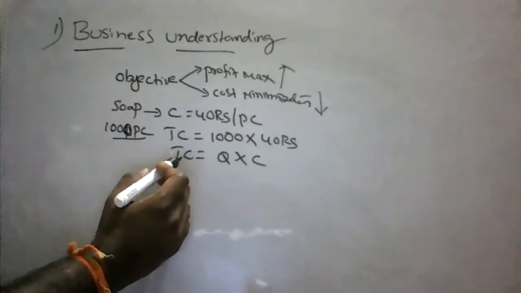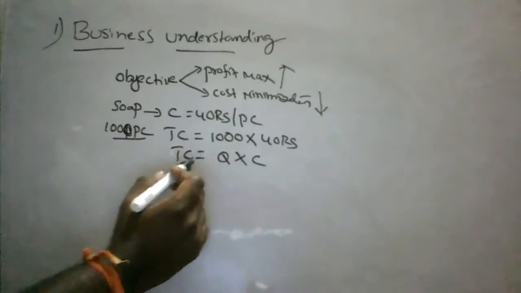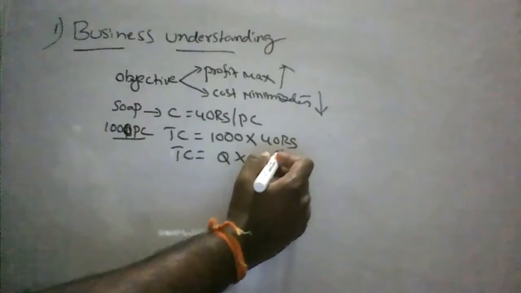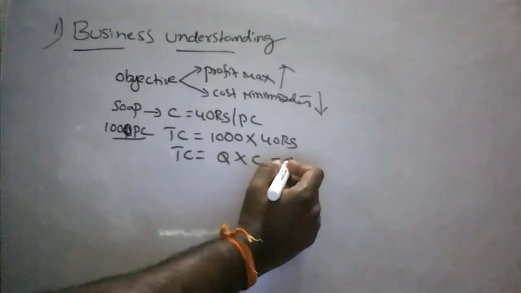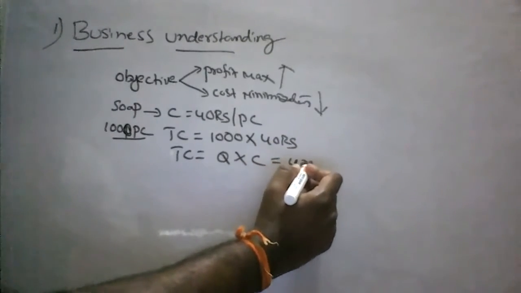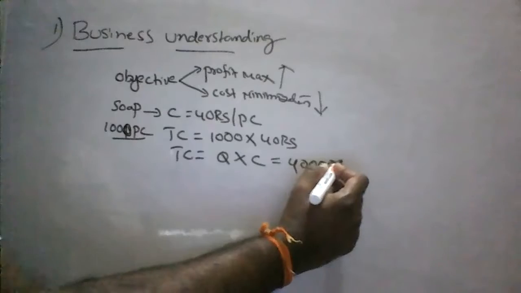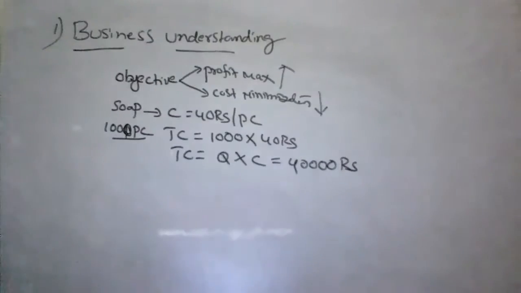This gives you the total cost of production of all the soaps. For example, 40,000 rupees, the total cost of production in a day is 40,000 rupees.